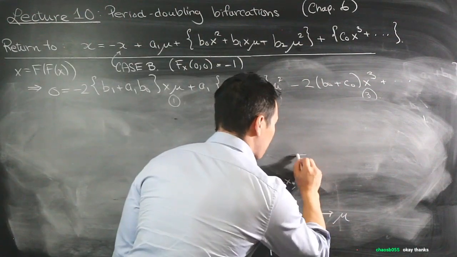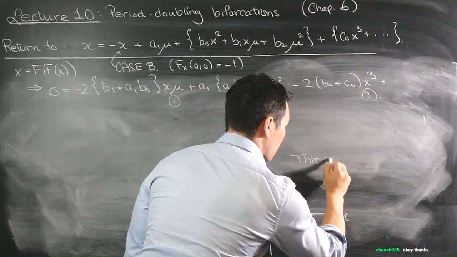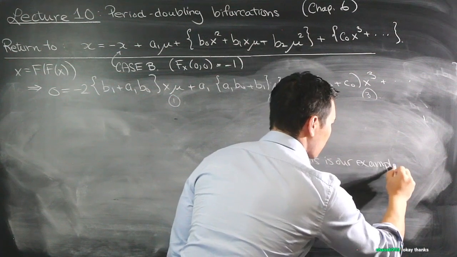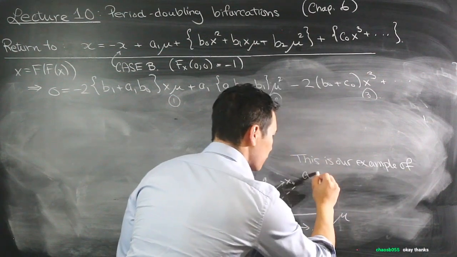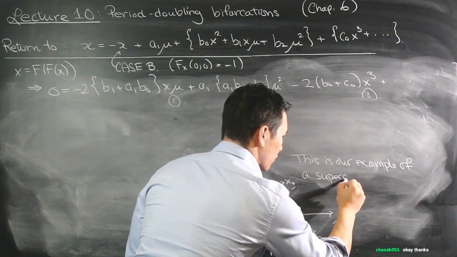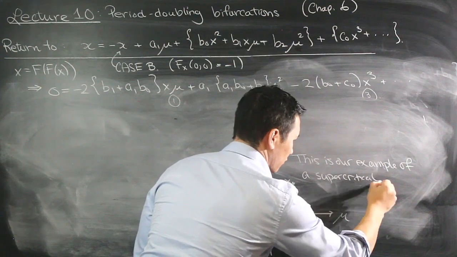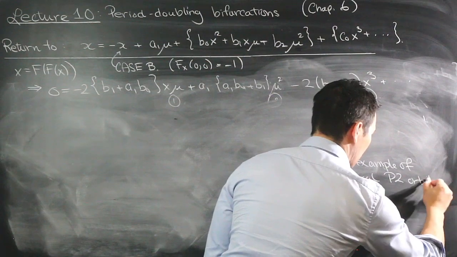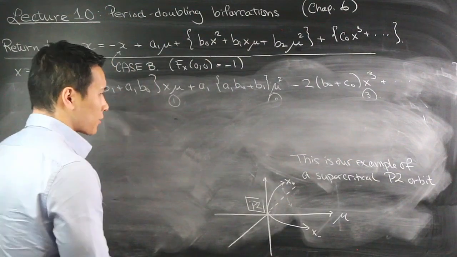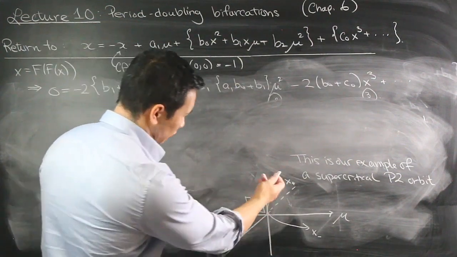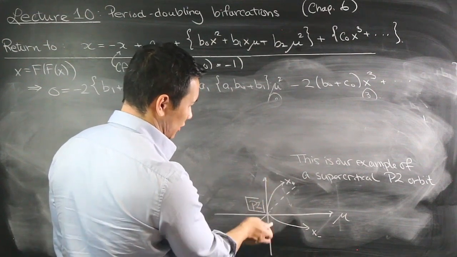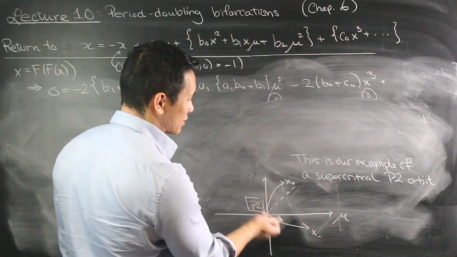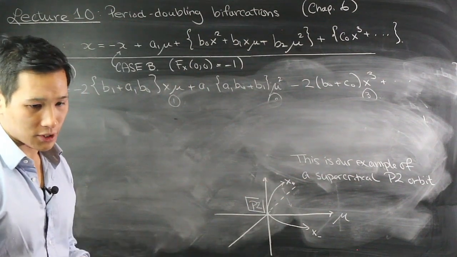So this is our example of a supercritical P2 orbit. Again, I don't have a great way of remembering which one's supercritical. So I say super if it has two stable arms, and I say subcritical if it has two unstable arms for the pitchfork.